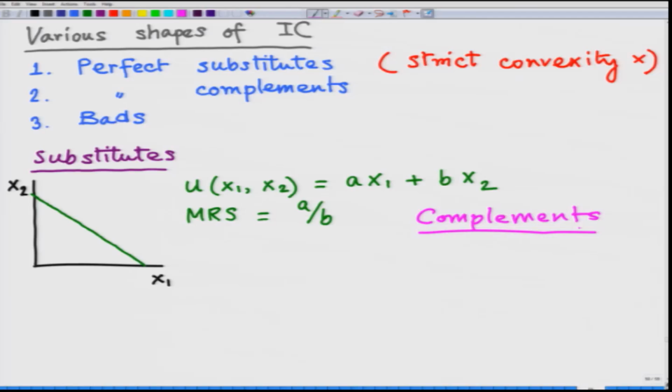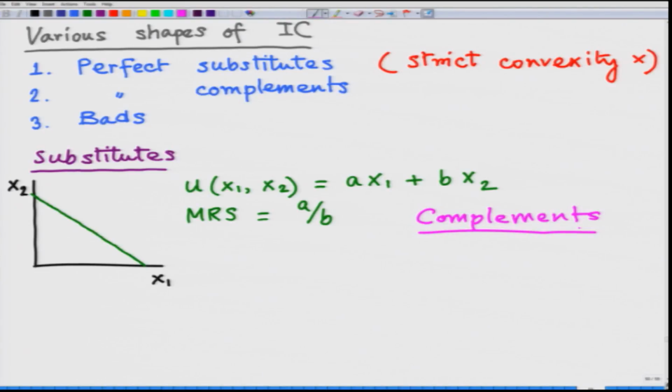Now, if we draw how that graph is going to look like and what will be the MRS. If we plot the number of 1 rupee coins along the x axis, and if we measure the number of 5 rupee coins along the y axis, then we are going to have intercept 1 along the y axis and intercept of 5 along the x axis. So, in that case MRS is going to be 1 over 5.